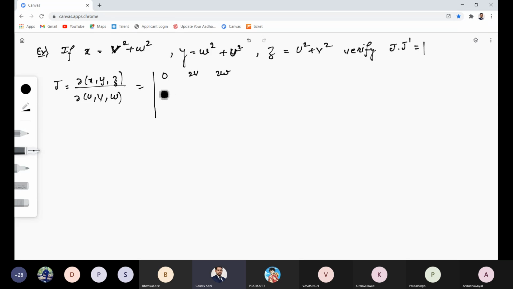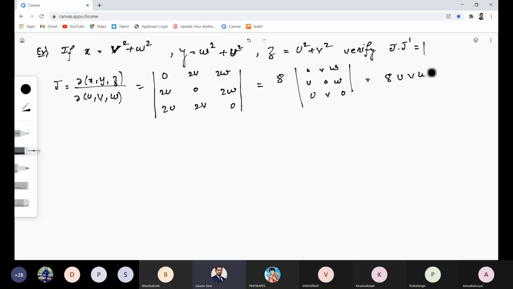Y with respect to U, it is 2U, 0, 2W, 2U, 2V, 0. 2 can be taken common from each row, so you will have 8, 0 VW, U 0 W, and U V 0. So the determinant is 8 UVW.